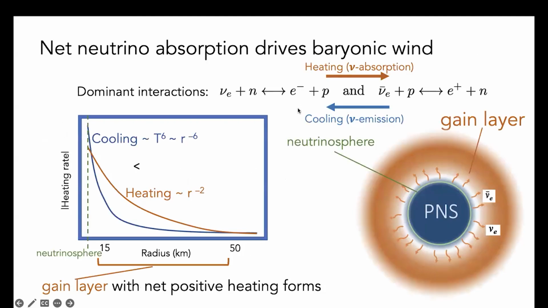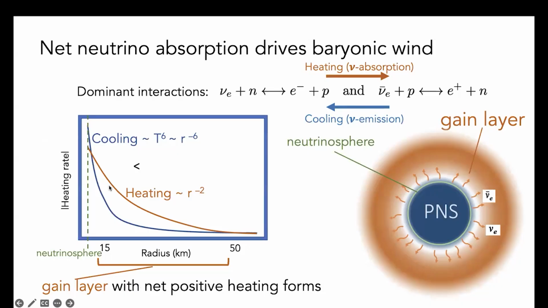And so a bit about the neutrino heating. How it works basically is the neutrinos first diffuse out very slowly, but then reach this neutrino sphere from which they are emitted. But there are two dominant reactions that occur: these heating reactions and the cooling reactions, basically neutrino absorption and emission. And this is baryonic, so neutrons and protons emitting or absorbing neutrinos.